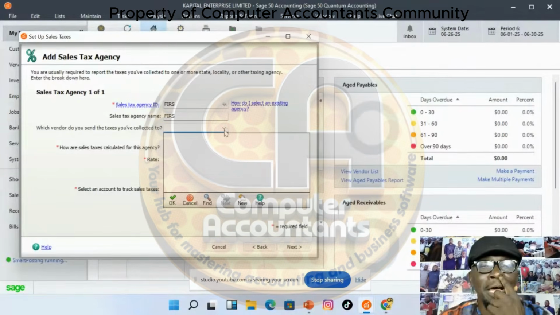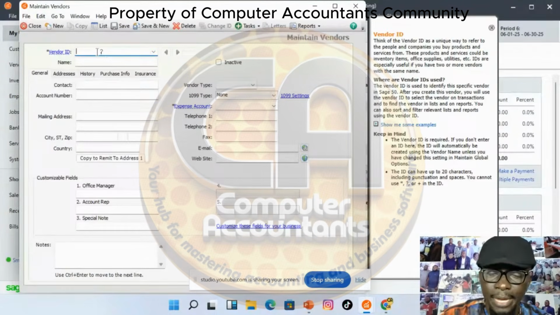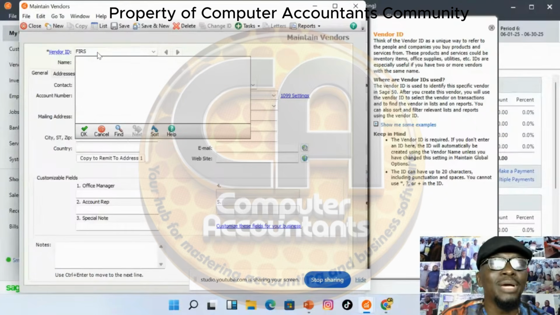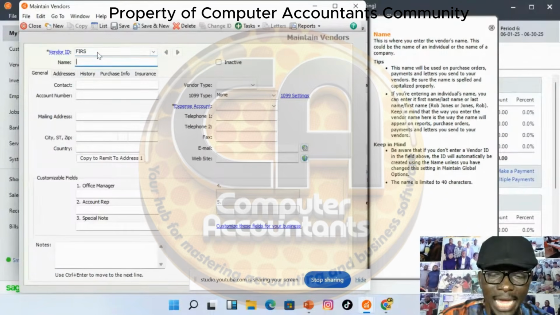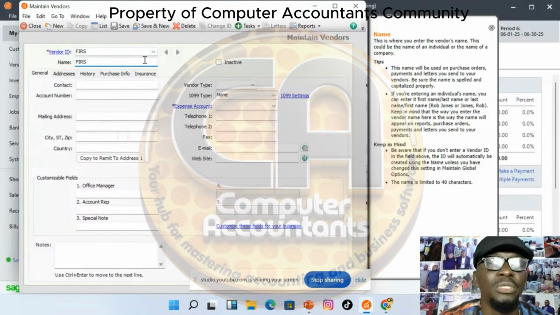So you click the drop down and select new. Type FIRS. You can type it in full, Federal Inland Revenue, if you have time.